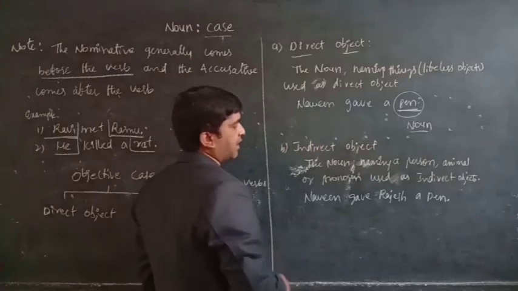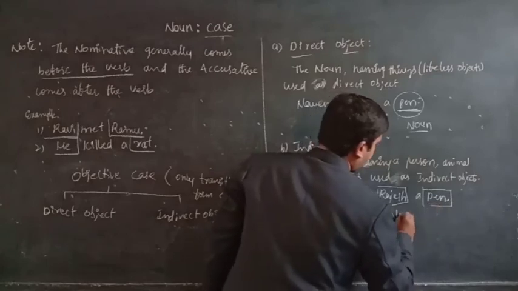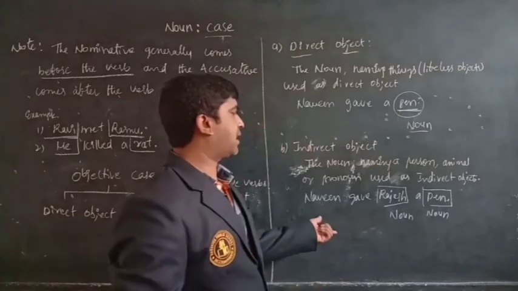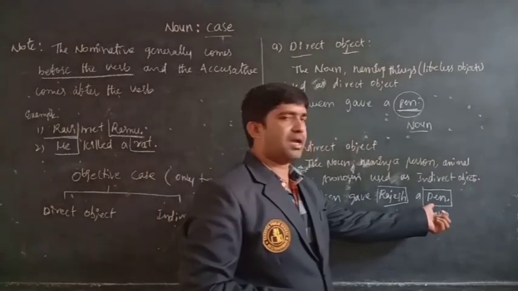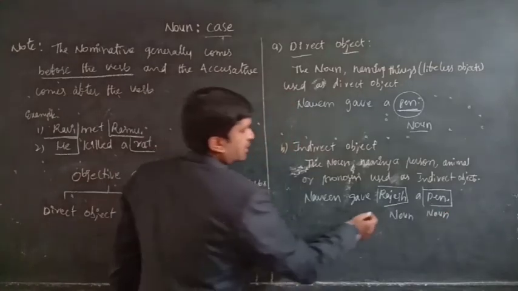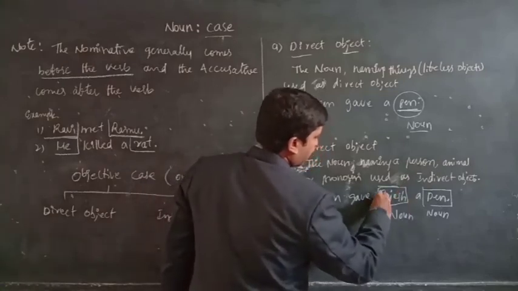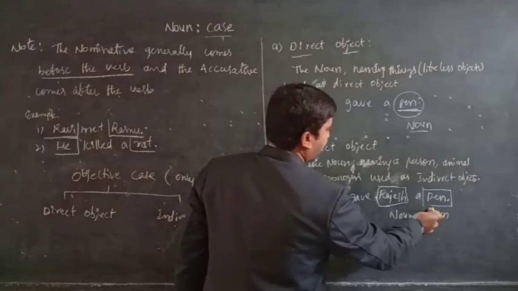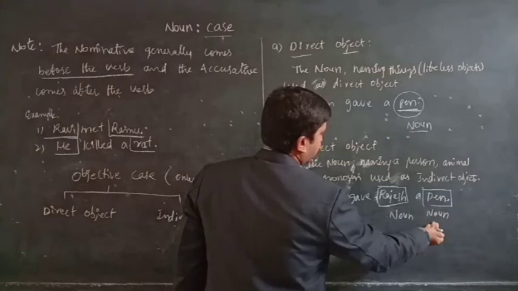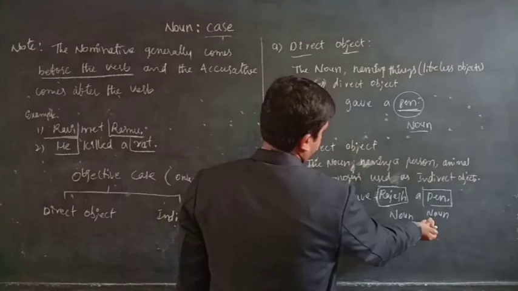But in the second sentence we use two objects and both are nouns. One is the name of a person and the other is the name of a thing, lifeless. Rajesh always follows the verb, and the pen always comes after the indirect object. The indirect object comes first and the direct object comes later.